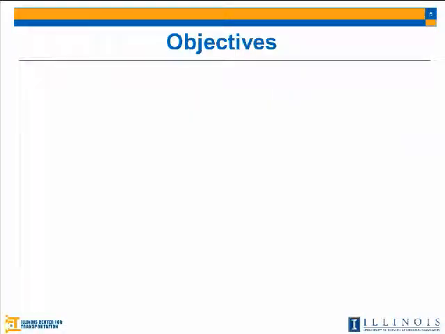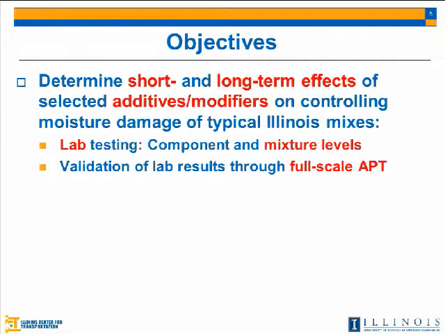So this takes us to the objective of this study, which is the determination of long and short-term effects of additives and modifiers when added to two typical moisture susceptible mixes in Illinois, and how they can control the moisture damage.